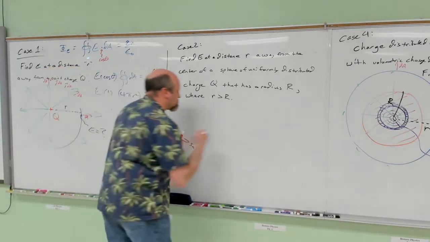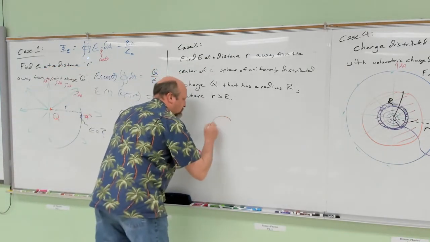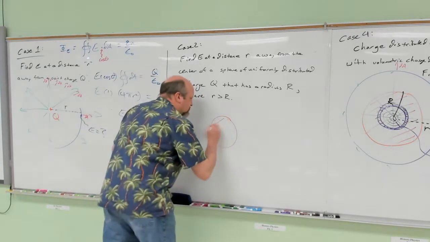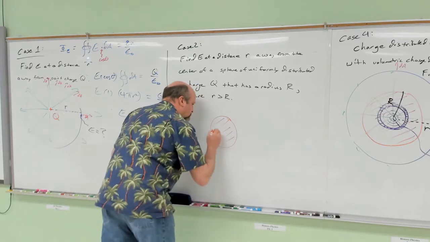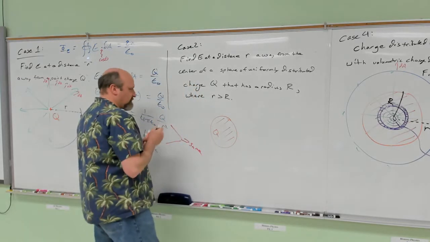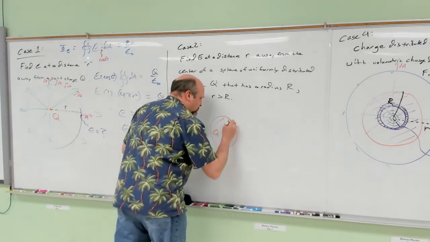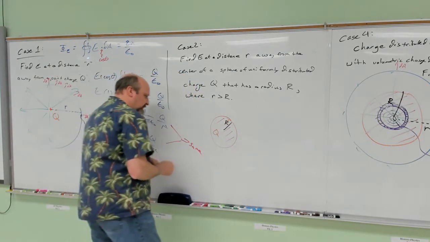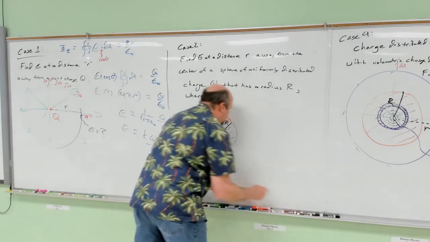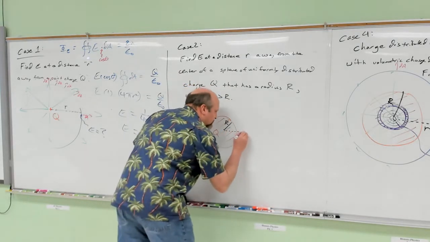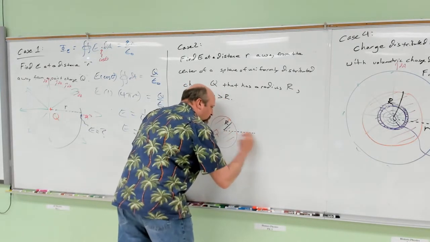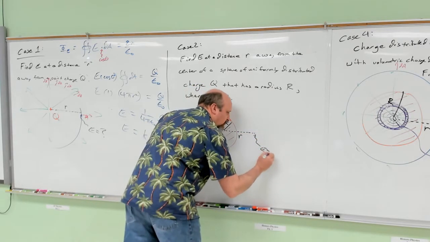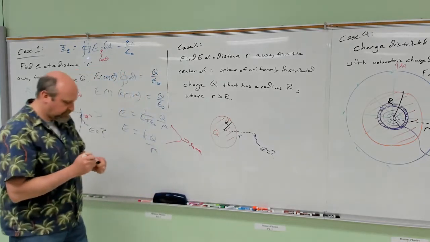So that looks like this. There's my sphere, and my charge is spread out throughout that sphere. This charge Q. And this guy has a radius big R. And we want to find the electric field strength way out here somewhere, where this whole length here is little r, and I want to know right there what's my electric field strength.